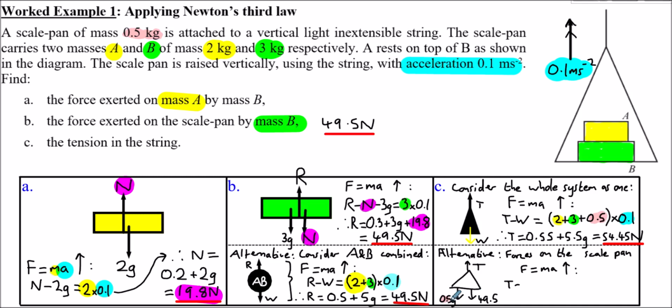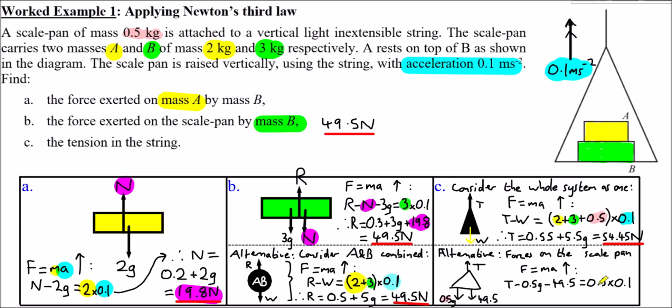So the weight of the scale pan is 0.5 G. The reaction from B is 49.5, so minus 49.5. That's going to equal the mass of the scale pan, which is 0.5, multiplied by the acceleration of the scale pan. And the acceleration of the scale pan is the same as everything in this system, 0.1.